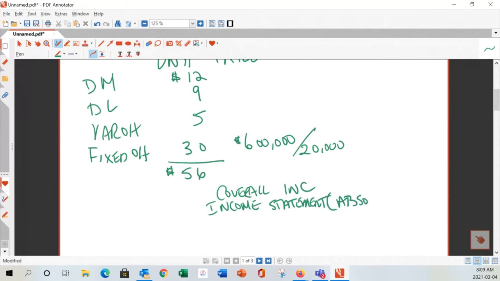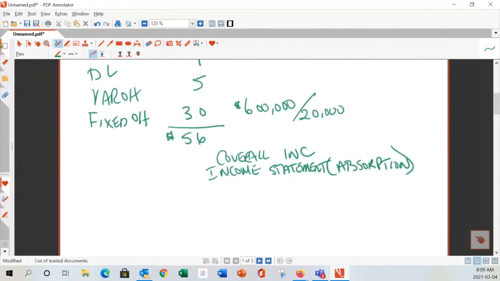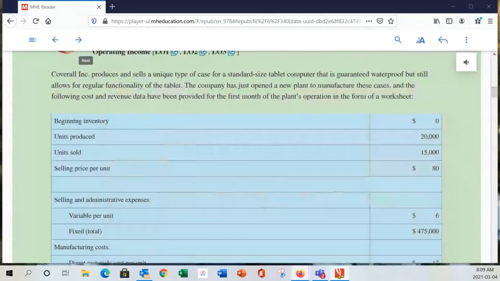And I'll just put in brackets absorption, which would be the typical income statement that you do in financial accounting. That's absorption costing. Normally you wouldn't just put absorption there, but just so we can keep things straight here, we know which one is which.